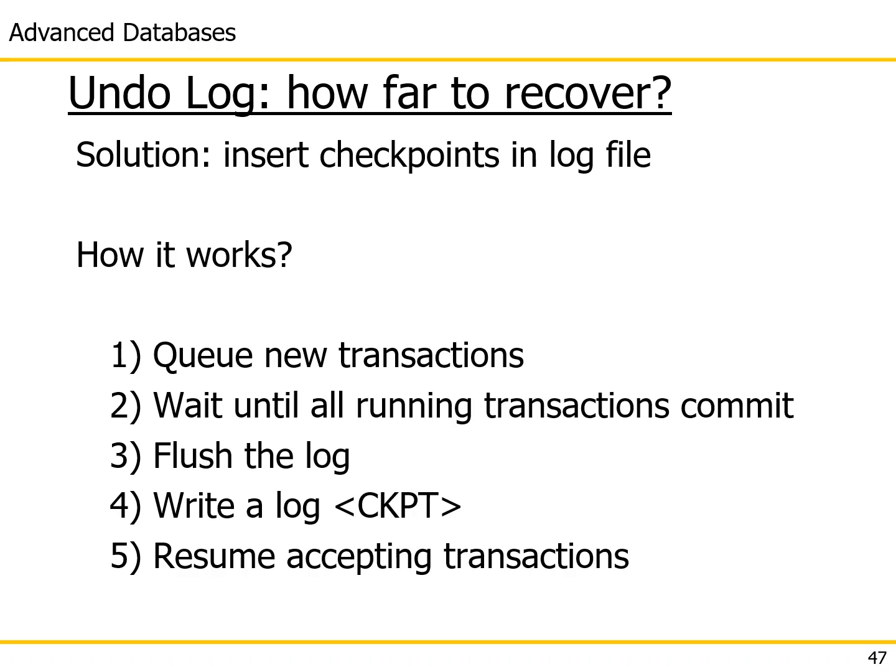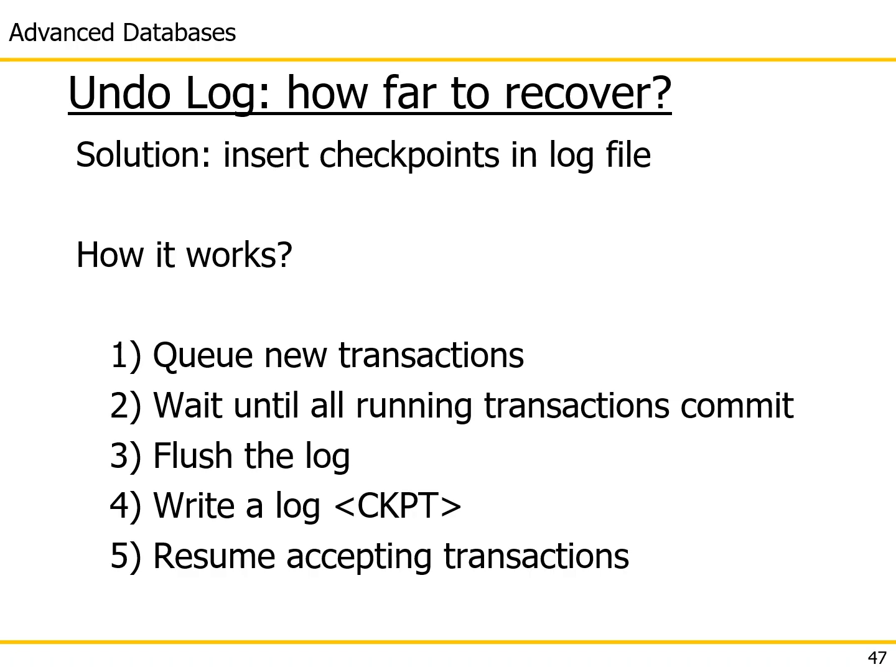And when that happens, when the buffer manager notifies this thread that no more transactions are running, all of them are done, this thread will write a marker that we call a checkpoint in the log.